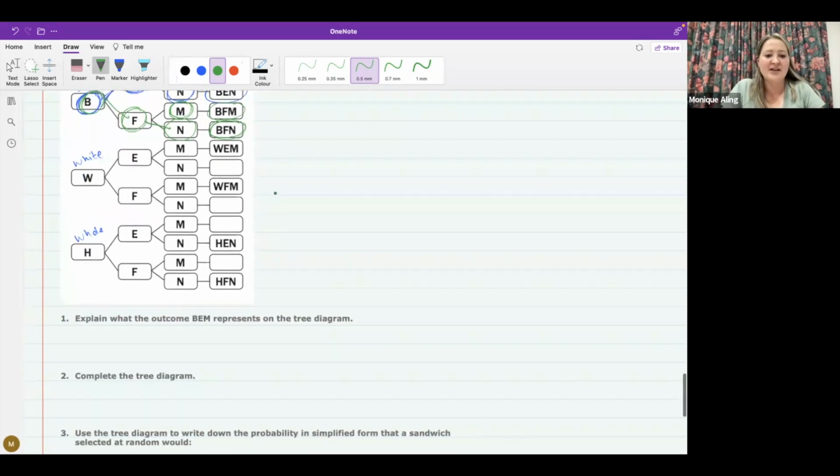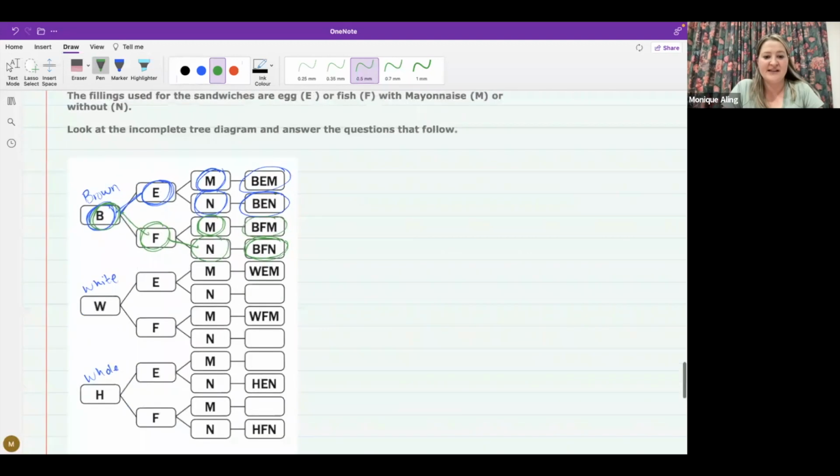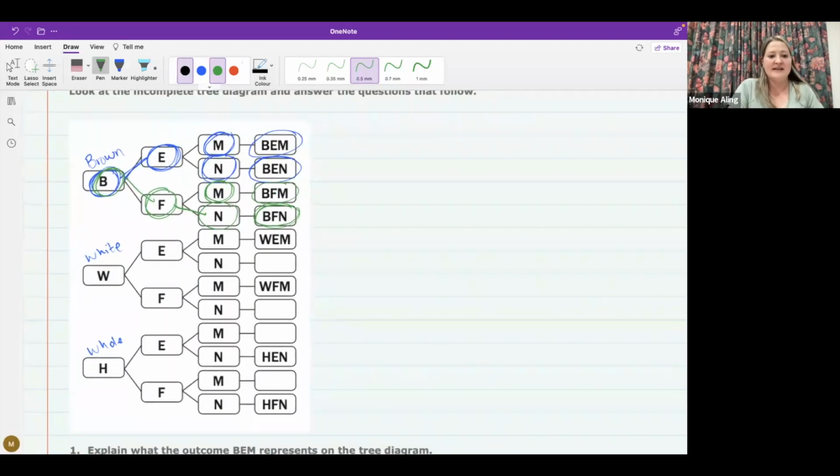Then complete the tree diagram. So as you can see, we have some missing outcomes over here, here, and here. So I'm going to label it 1, 2, and 3. So if you can give me your answers in that order, that would be perfect. Oh, sorry, I see I've forgotten one.